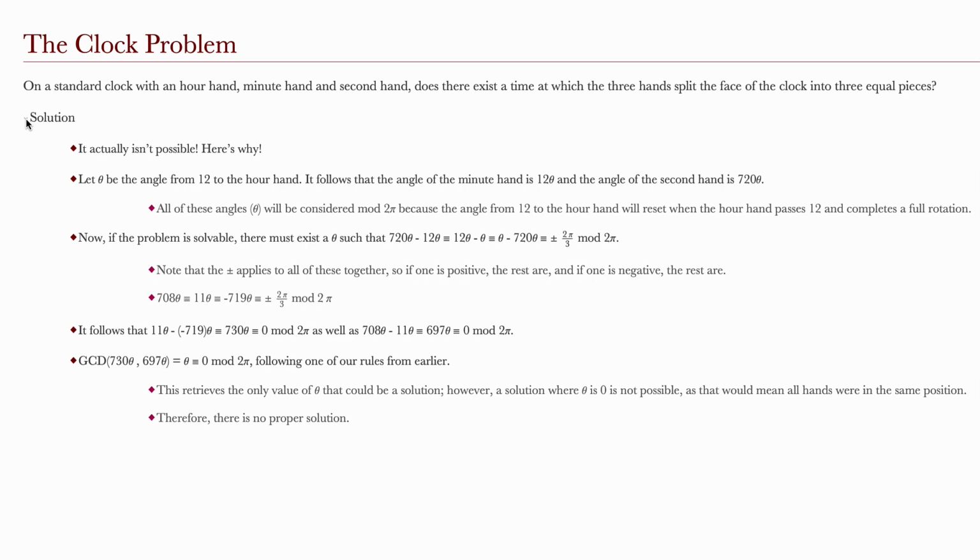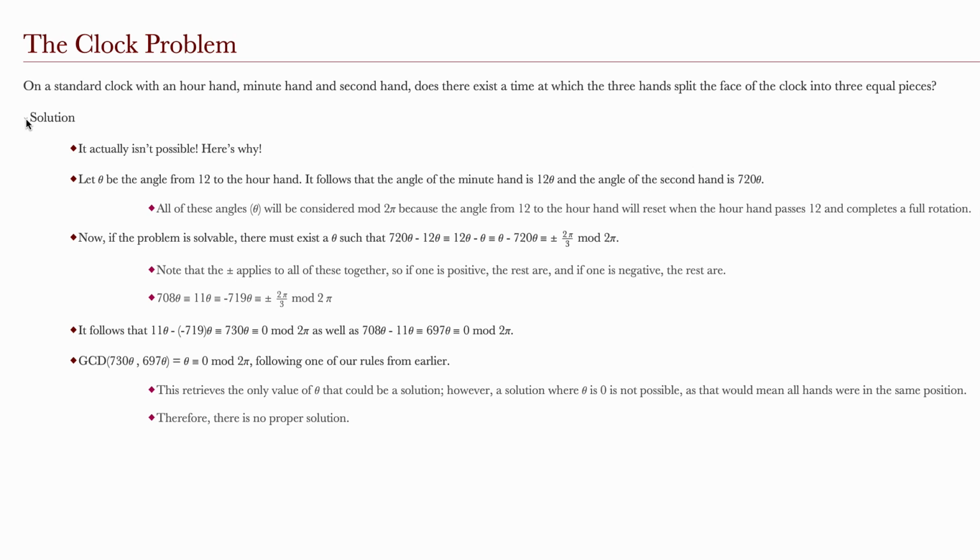We can then see that the greatest common divisor of 730 theta and 697 theta is equal to theta, which must be congruent to 0 mod 2 pi, following one of our rules from earlier. This retrieves the only value of theta that could be a solution. However, a solution where theta is 0 is not possible, as that would mean that all hands are in the same position. Therefore, there is no proper solution to this problem.